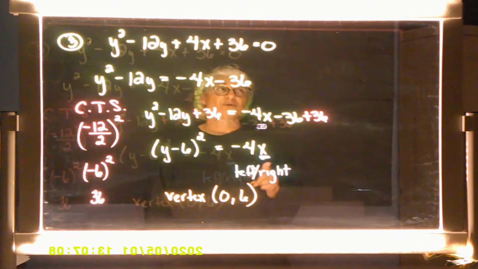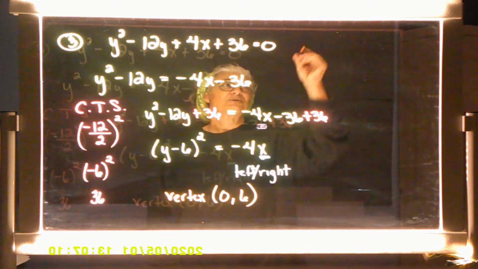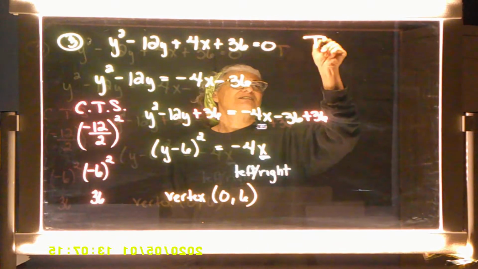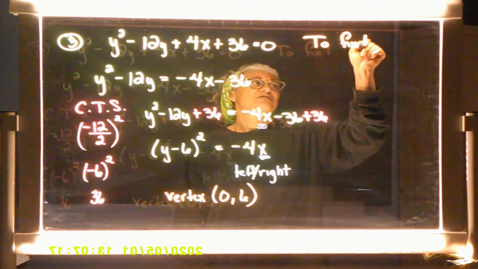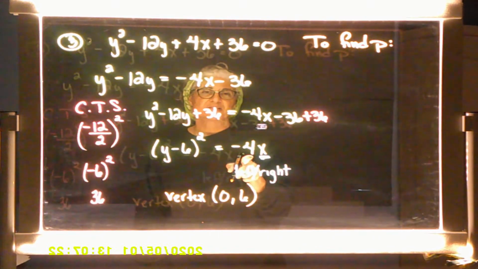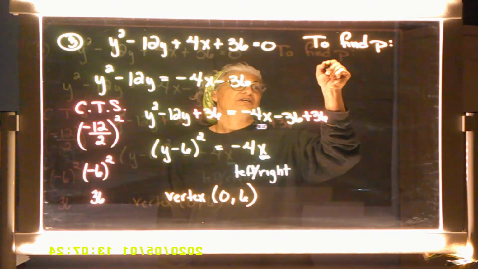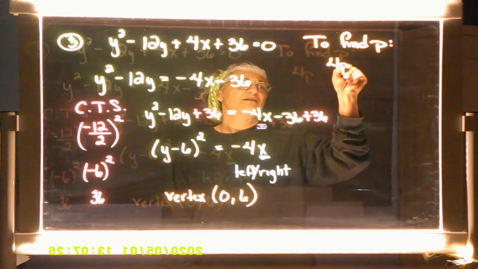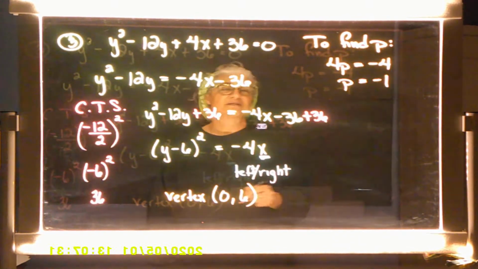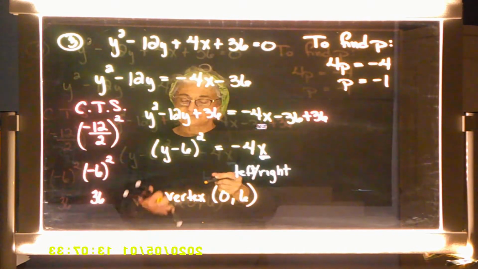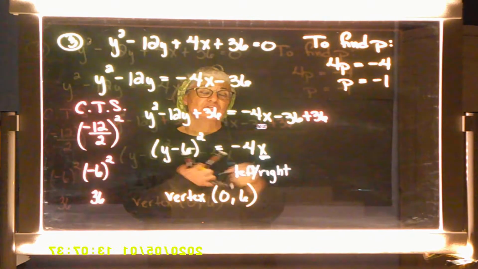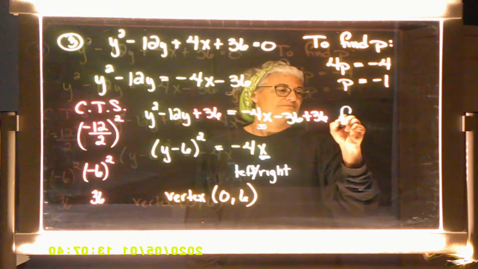And now I need the focus. But to find the focus or the directrix, what do you need? Yeah, you need that value of p. So to find p, remember, that's right, it's this -4 I have to deal with. So 4p has got to be equal to that -4, which means in this case, p is equal to -1. Cool? Okay, so now your focus.